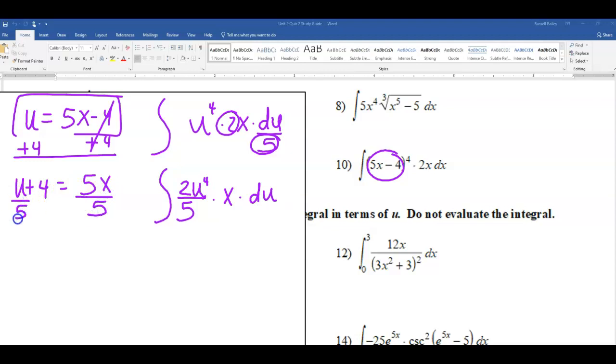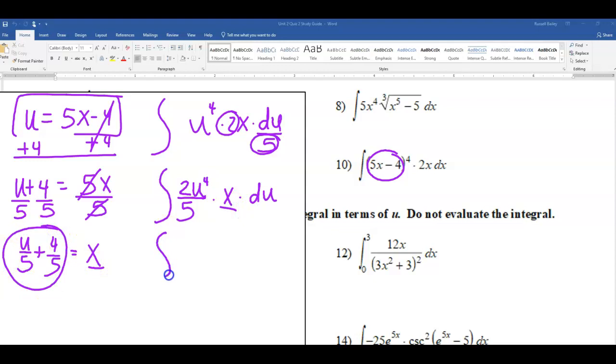And I find it easier just to put a 5 under each one of those things separately. So we have x is equal to u over 5 plus 4/5. So now that I know that x equals this, I can replace this x with what I just got.